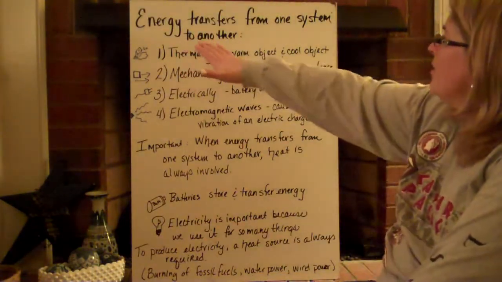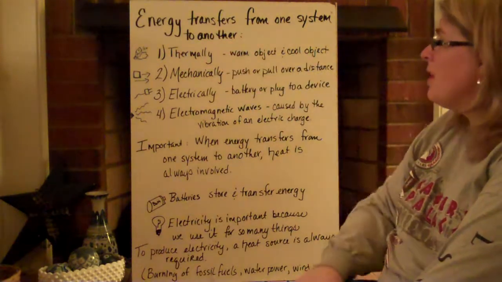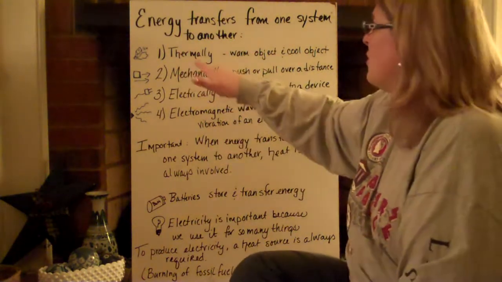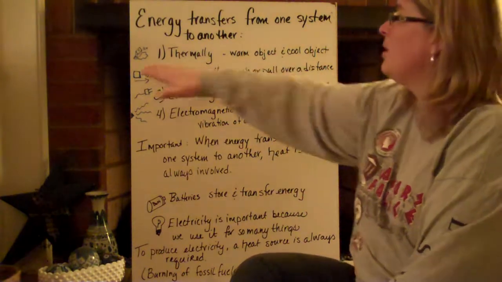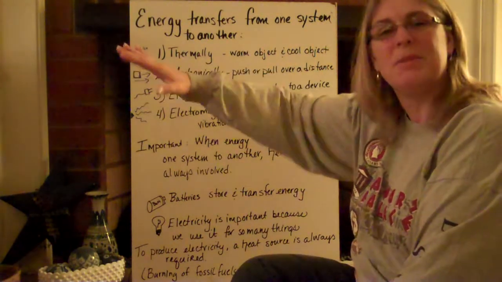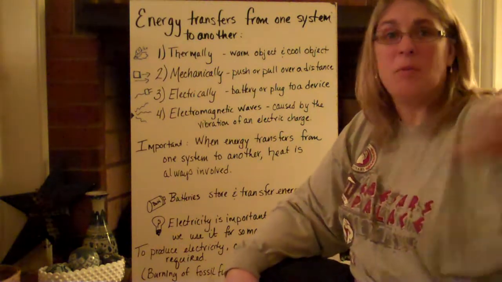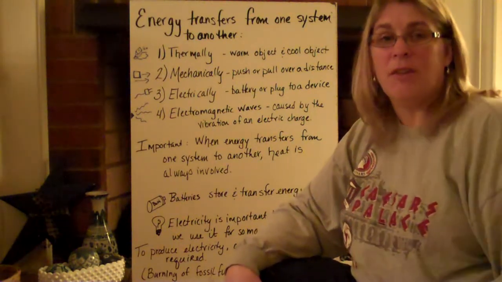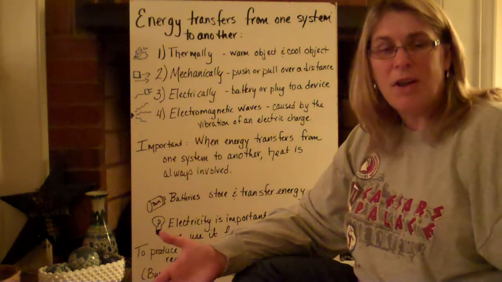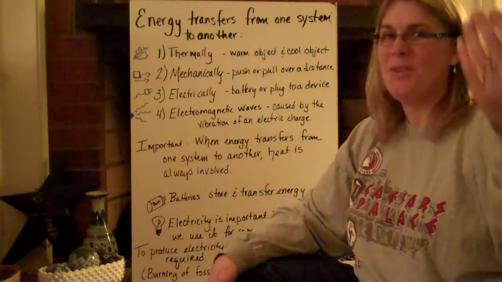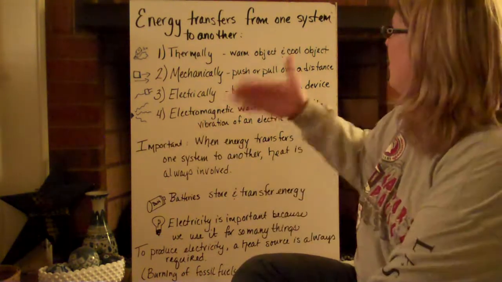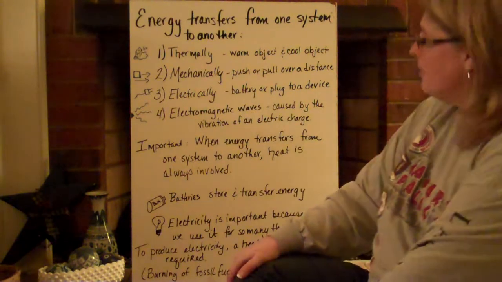Now, energy transfers from one system to another 4 different ways. One is thermally, when you have a warm object and a cool object. Here I have a little teeny ice cube I drew and it's melting. Like when my husband was defrosting the freezer the other day, he put it on the concrete out in the driveway and it melted because you had the heat and the cool and you had a transfer of energy.